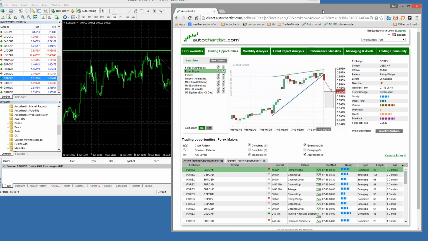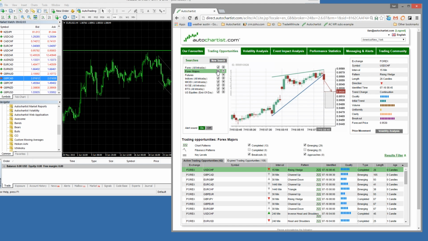So I'm sure you all can see my screen. You see the Autochartist platform in front of you right now. I have created my own custom group called Forex Majors. Depending on the broker that you use, you get different default searches for patterns and support resistance levels.